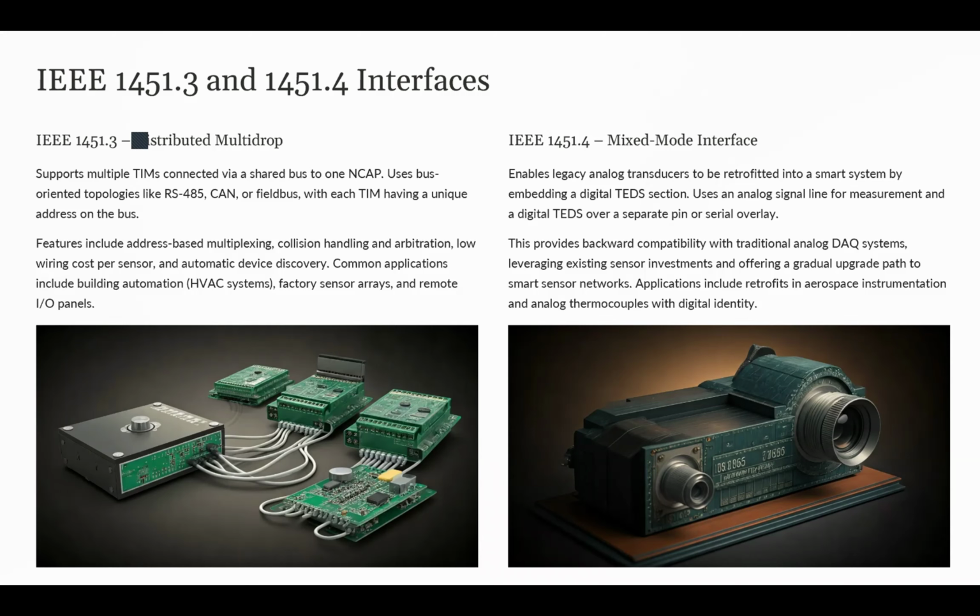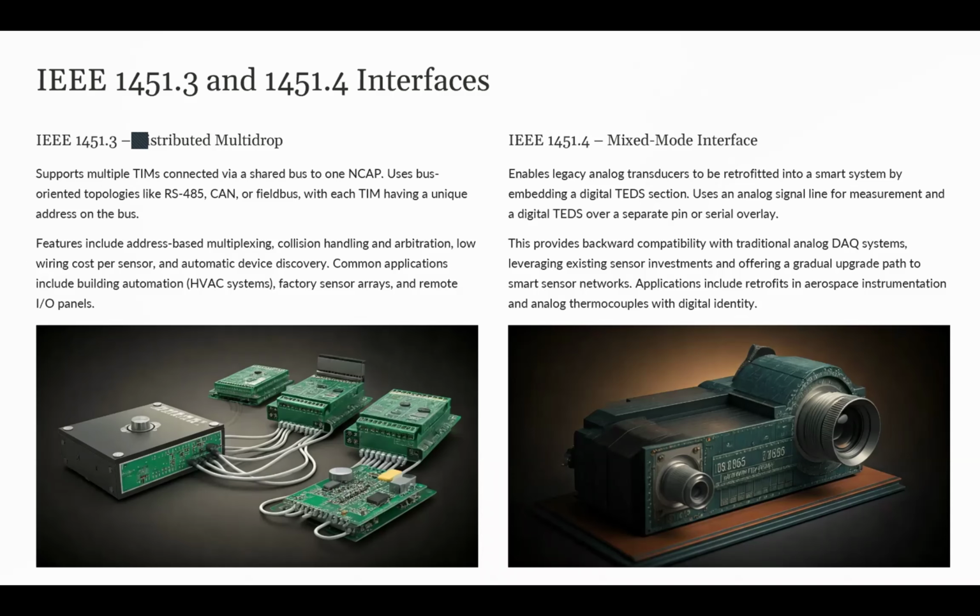The digital TEDS is transmitted through a separate pin or modulated over the analog line using techniques like digital superposition, and it makes it possible to add metadata without disturbing the original signal.